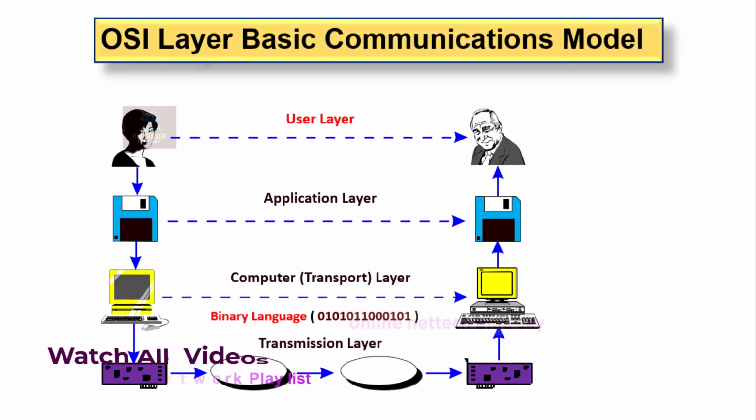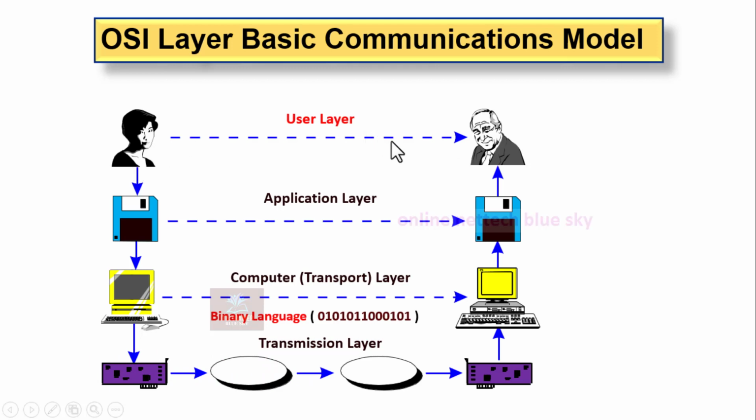So, the OSI basic communication model. Understand the basics here. Here is the user and this is the receiver, meaning the one who receives the data.